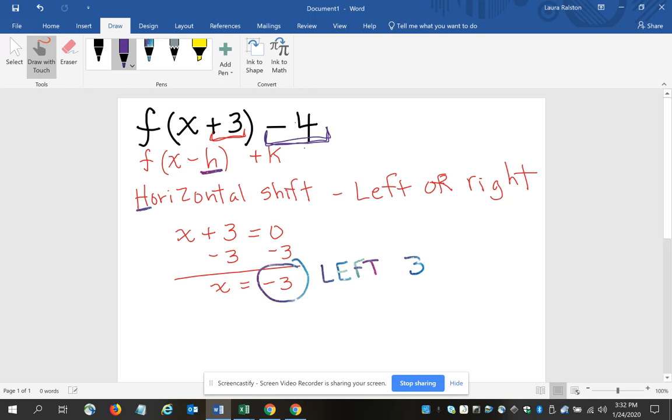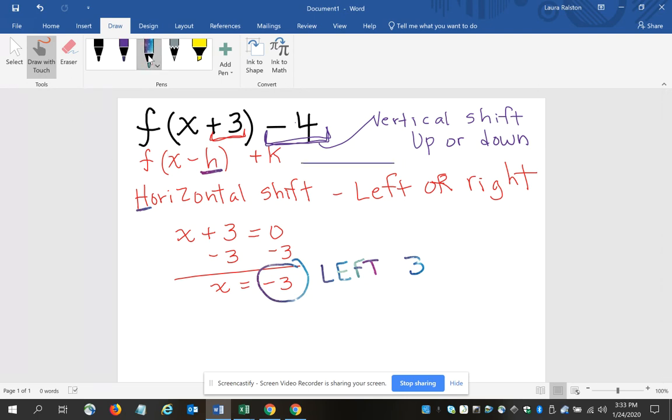And when it's outside, kind of tagged at the end that way, that is an indication that we have a vertical shift or a vertical translation. And I'm either going to go up or I'm going to go down. In this case, it depends upon the sign, and the sign here is minus. And because it's minus, we're going to go down.